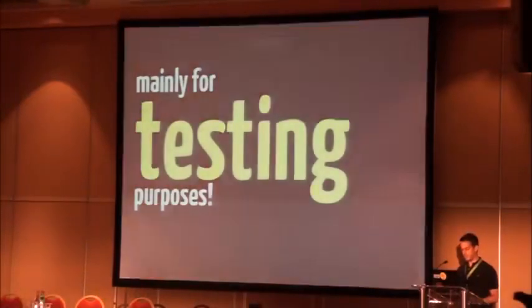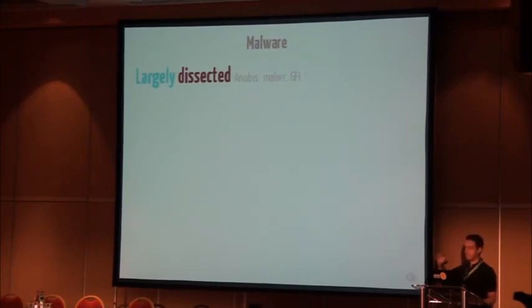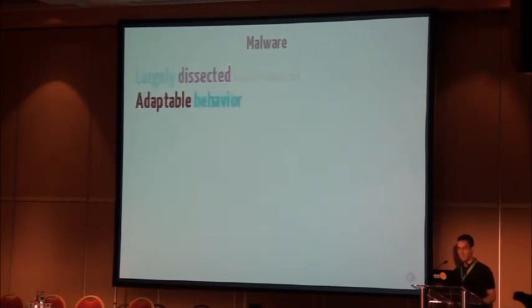Virtualization is for testing. On the malware side, they are largely detected. You should know sandboxes such as Anubis, GFI, Cuckoo. Pretty sure you know them. Okay, malware has adaptable behavior, meaning that if it is virtualized and analyzed, it will just open a calculator, so it's clean, bypassing the sandbox.